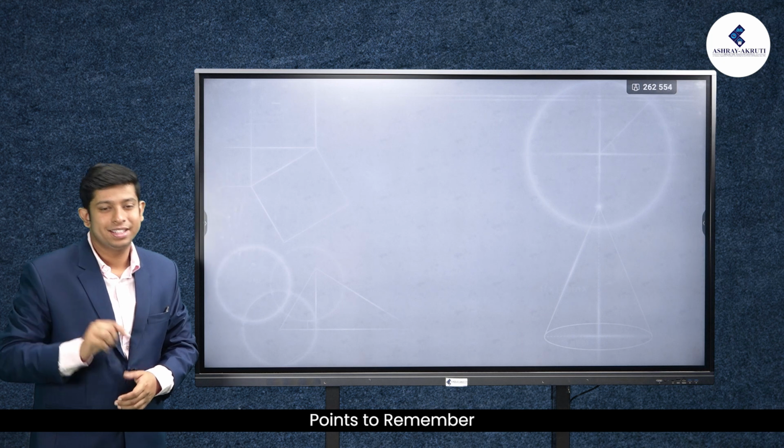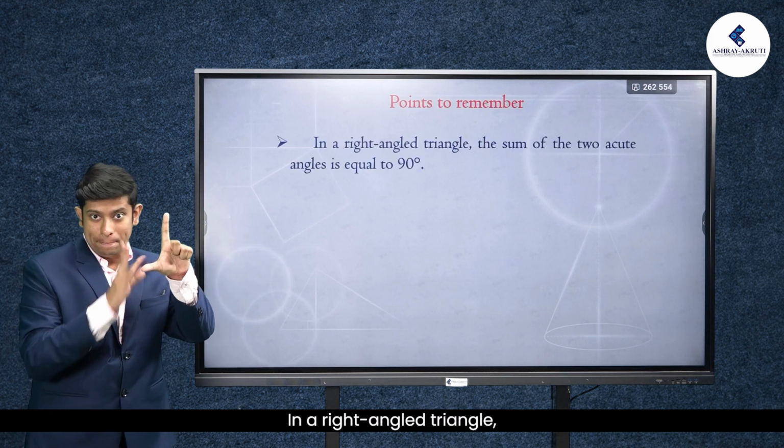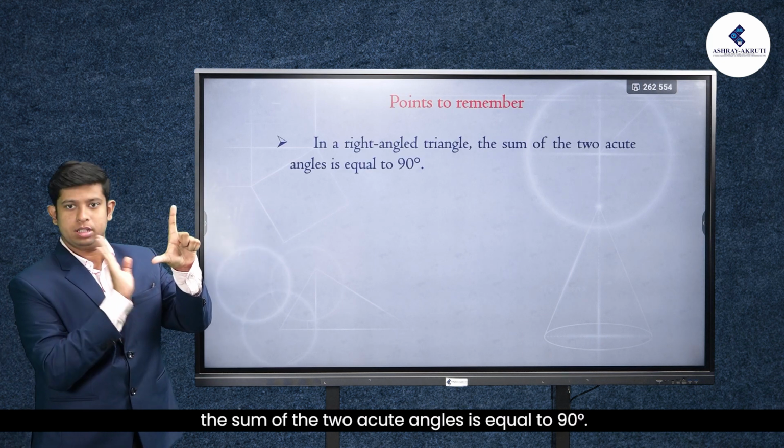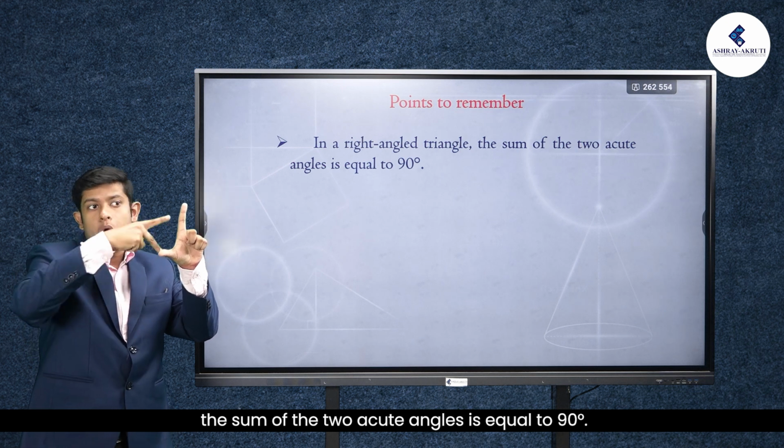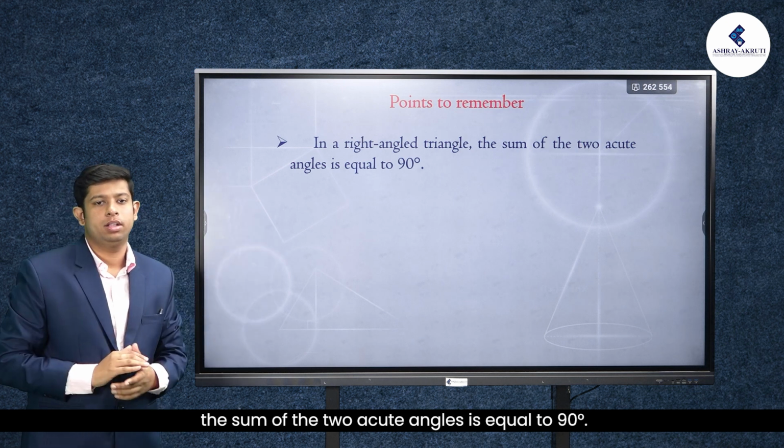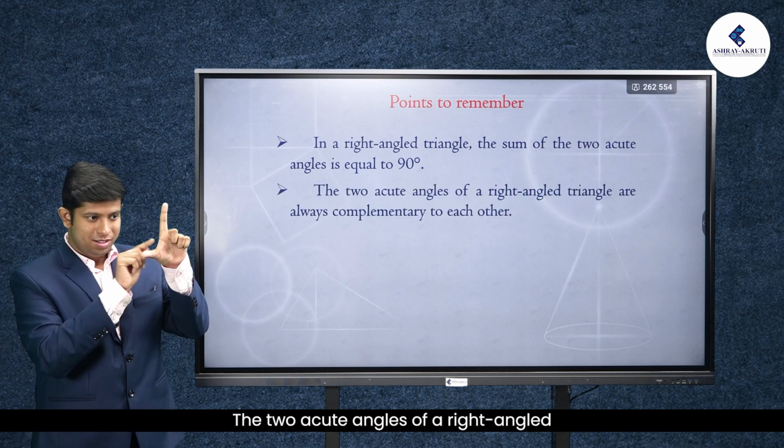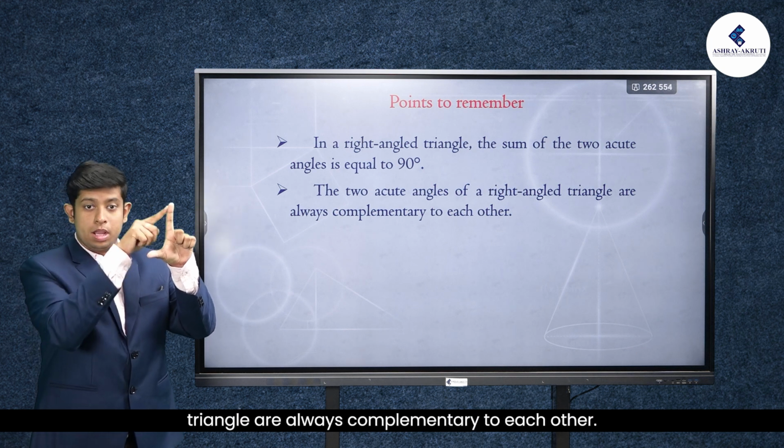Points to remember: in a right angle triangle, the sum of the two acute angles is equal to 90 degrees. The two acute angles of a right angle triangle are always complementary to each other.